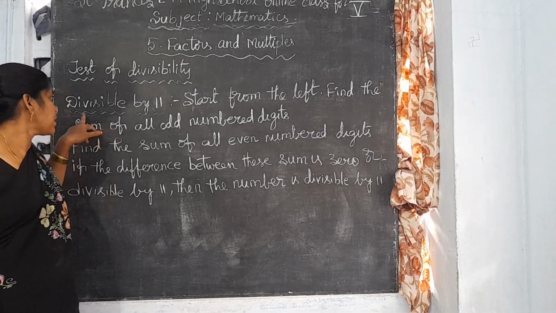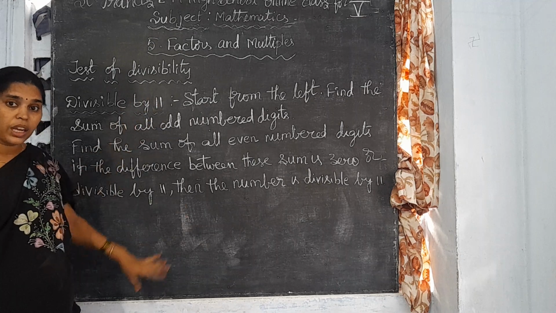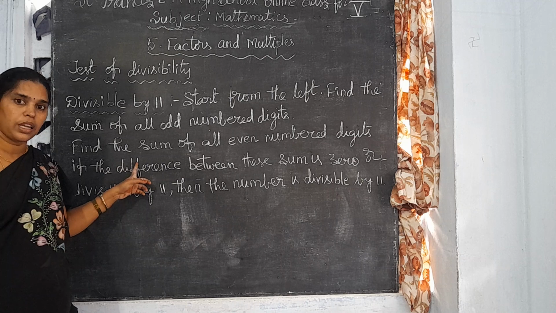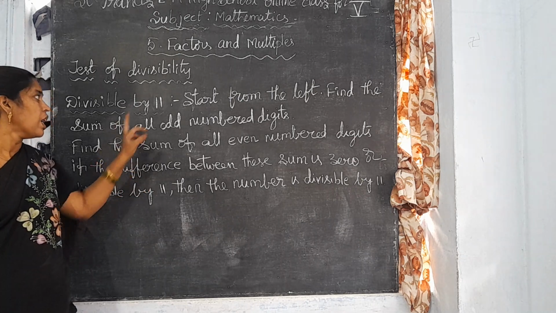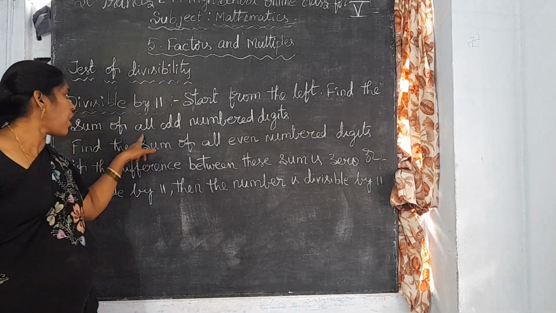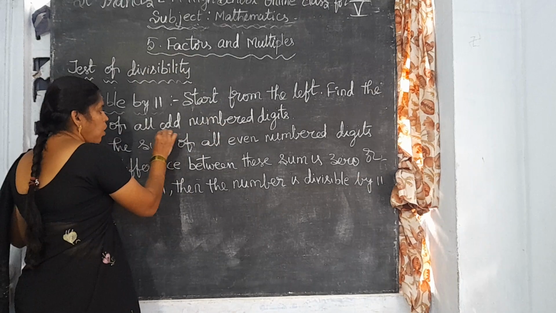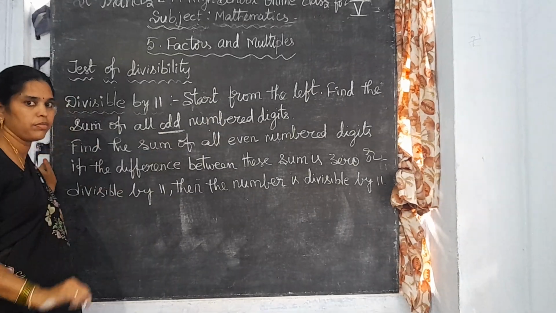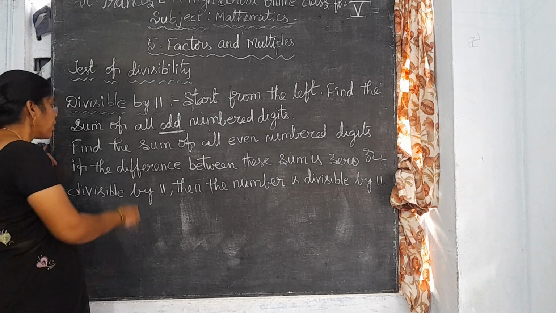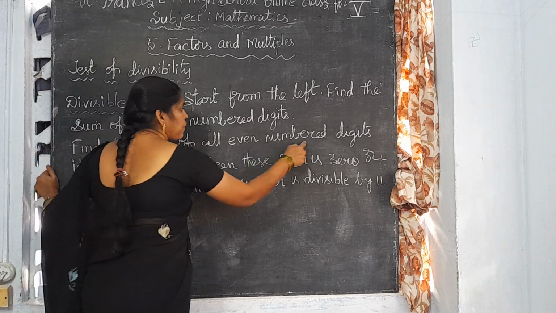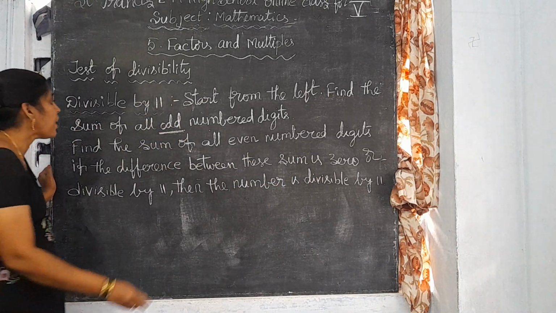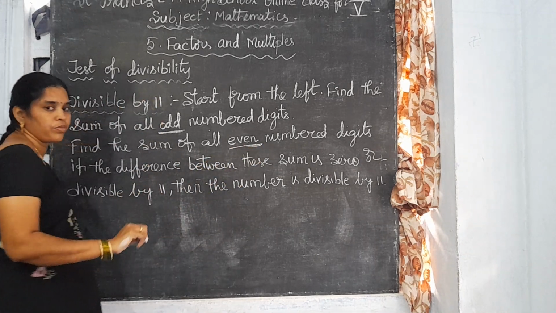Now, divisibility by 11. This is very, very important, and there are 3 steps to find the divisibility by 11. Start from the left and find the sum of all the odd place digits.